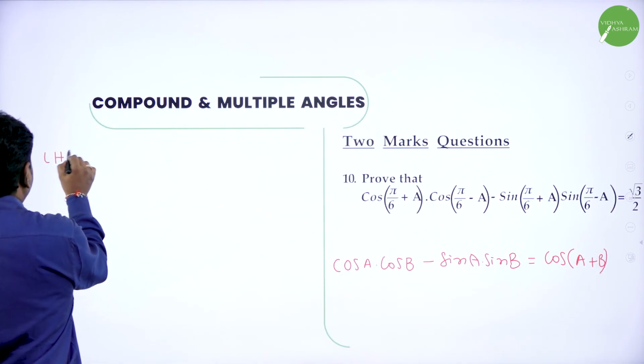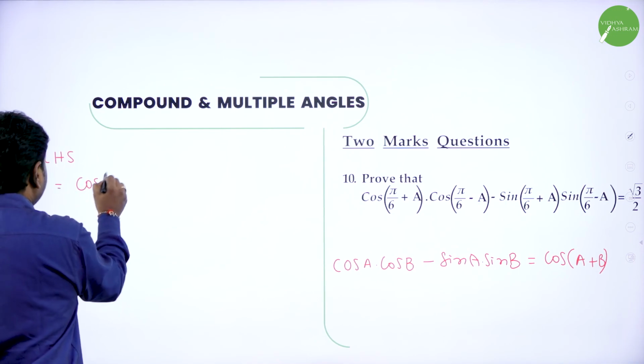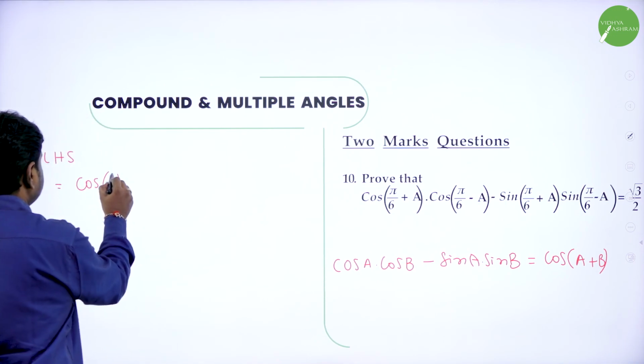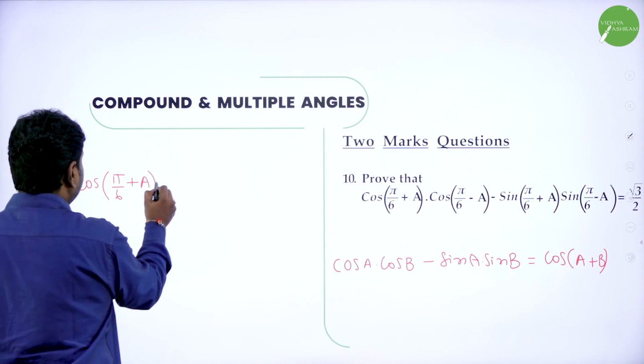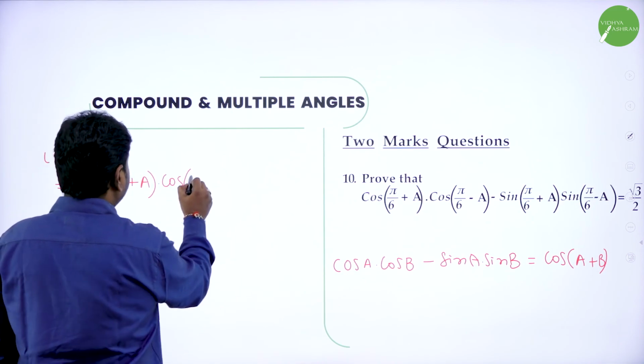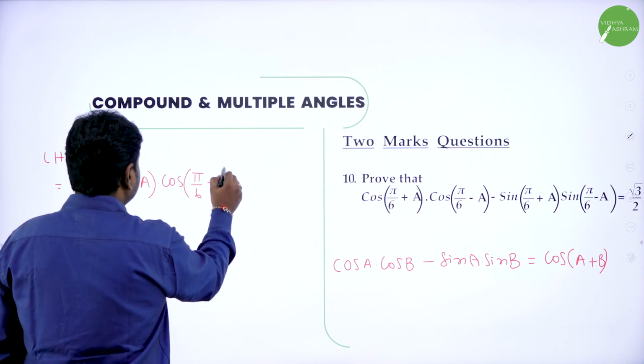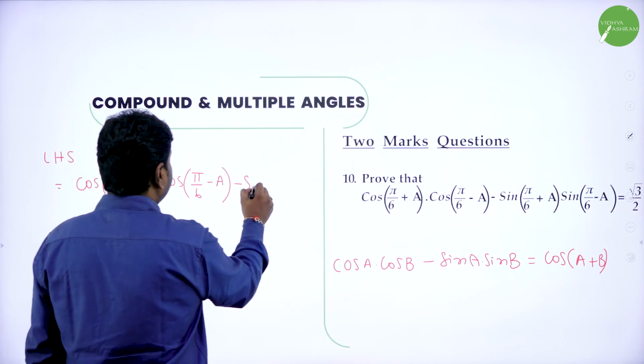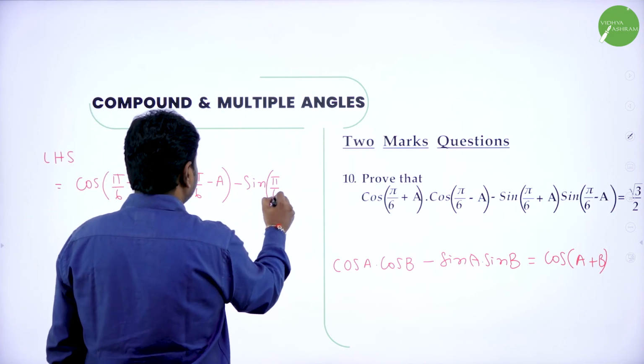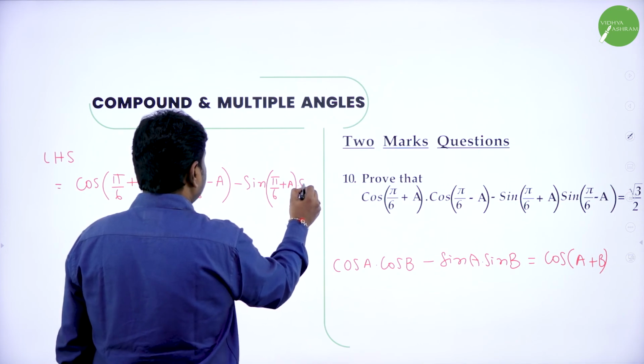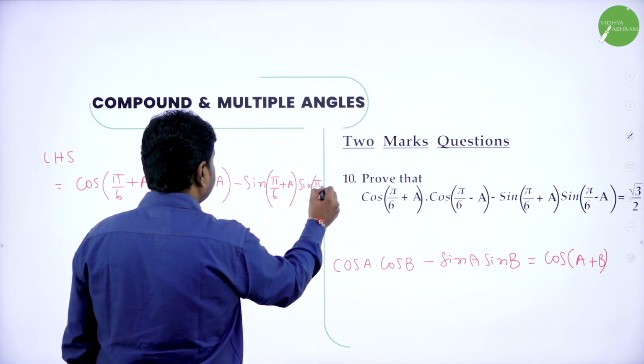So take LHS. What is LHS? Cos of what is given? Pi by 6 plus a into cos of pi by 6 minus a minus sin of pi by 6 plus a into sin of pi by 6 minus a.